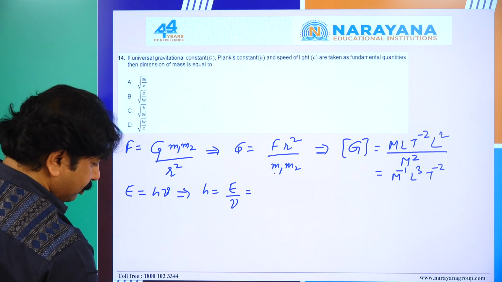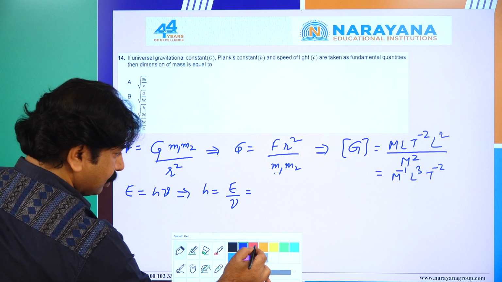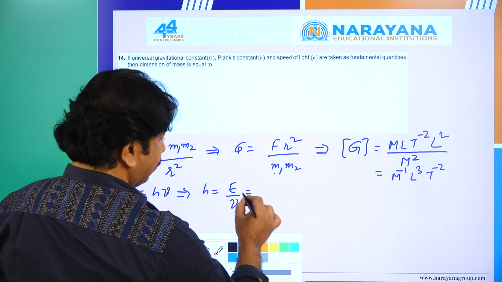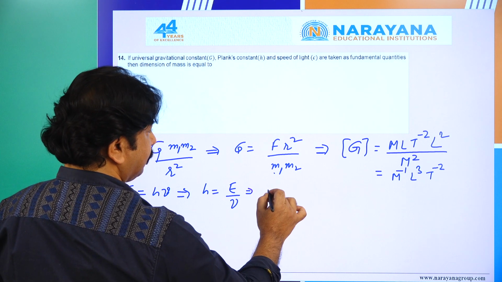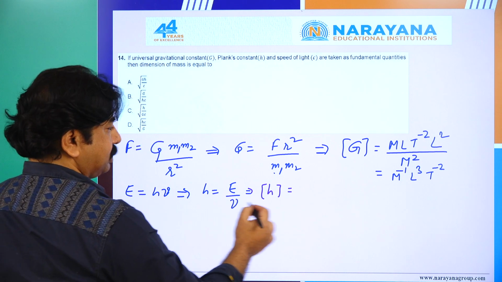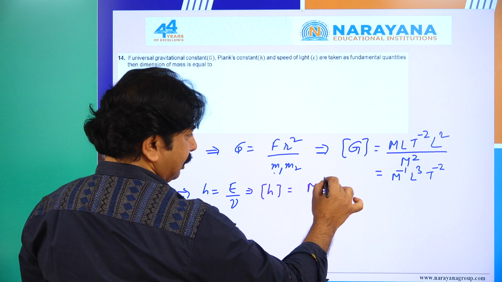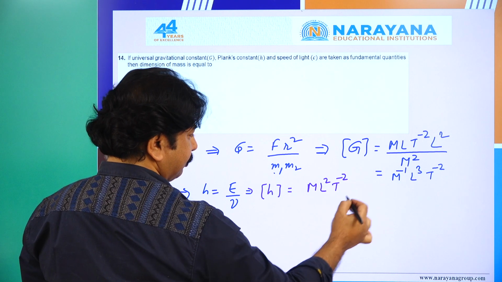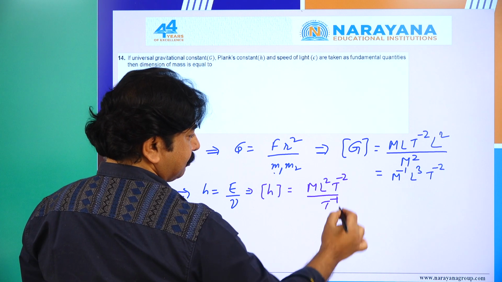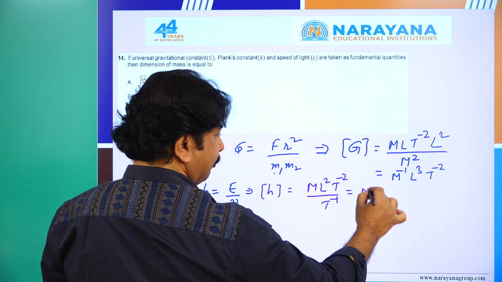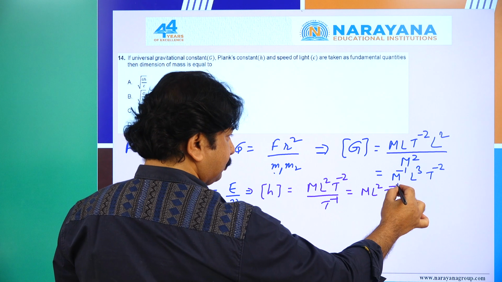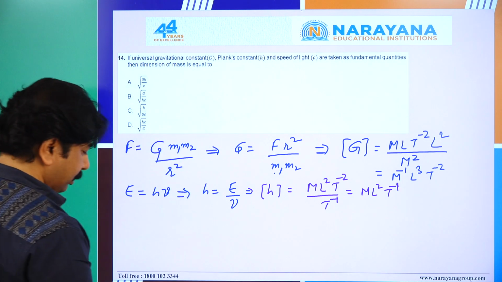The dimension formula for this case is, we know, energy, M L square T power minus 2, divided by frequency, T inverse. So this is equal to M L square T power minus 1. Next one.